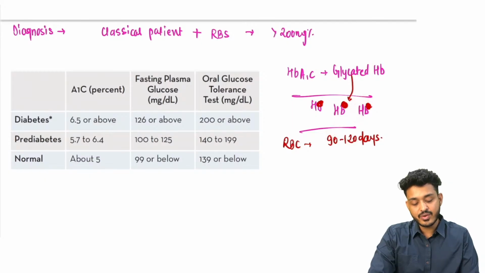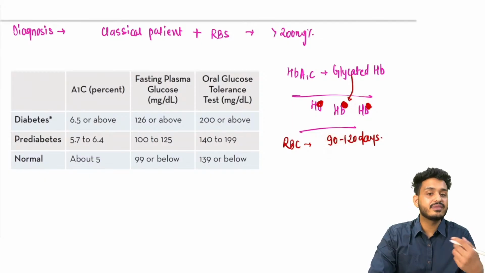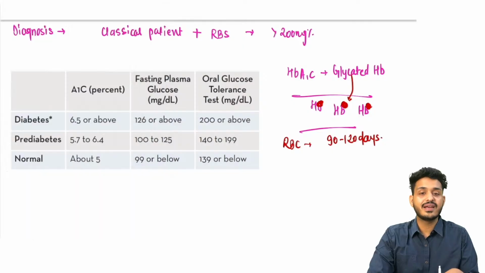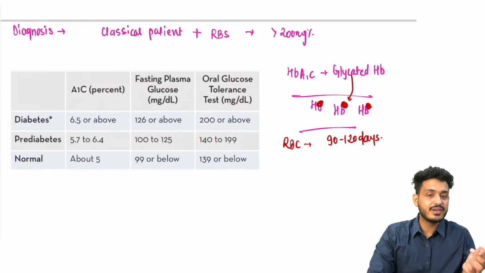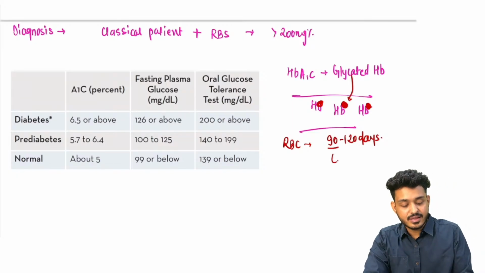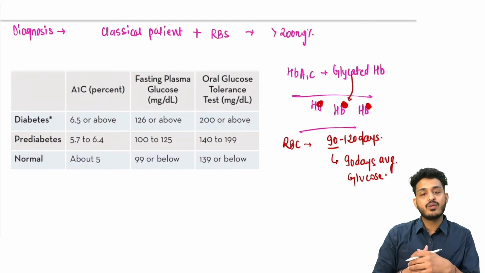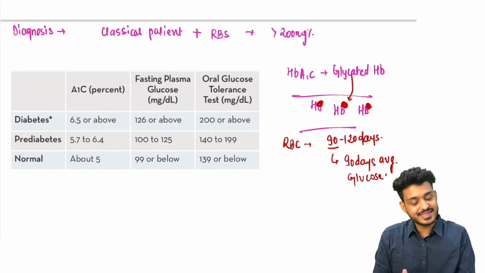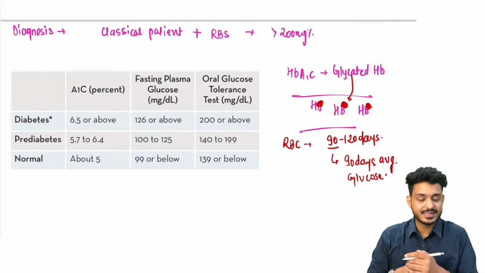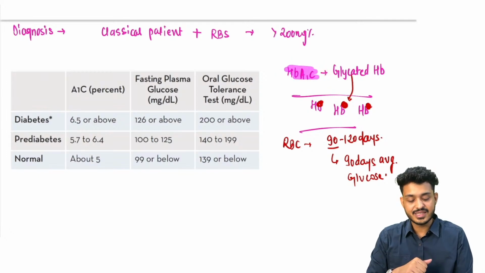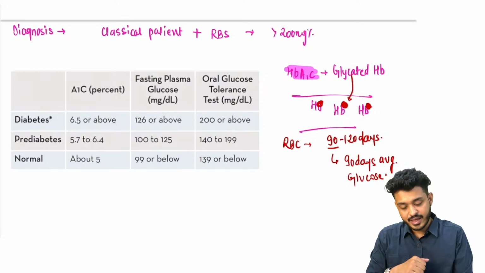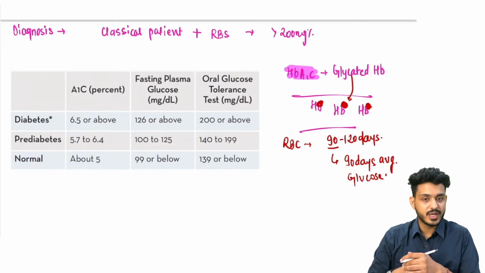And that is why we are checking this HbA1c level, and this HbA1c level is going to tell us about the 90 days average sugar, the average glucose of a patient. If I want to calculate the average glucose of a patient in the last 90 days, I am going to do a test, and this test is known as HbA1c, which is a glycated hemoglobin testing, right?